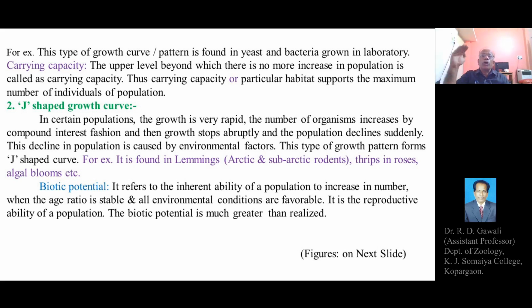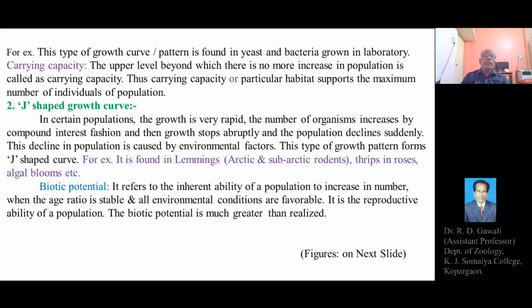Then the population declines, the number of organisms decreasing suddenly. This decline is caused by environmental factors, which are thus responsible for the decrease in the number of organisms in a population. This type of growth pattern forms a J-shaped curve.